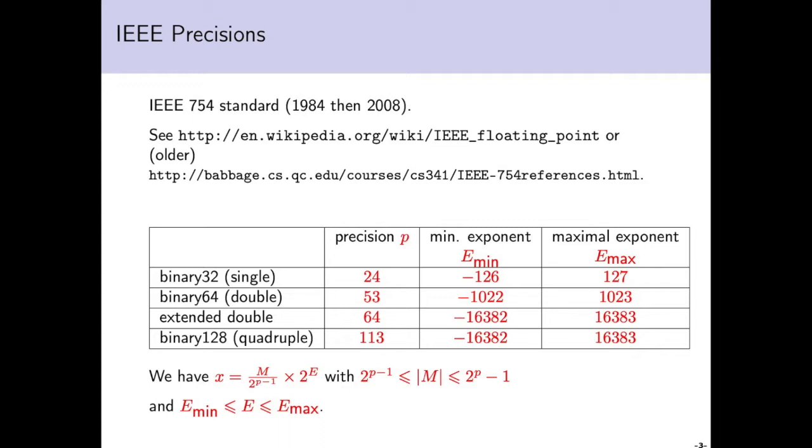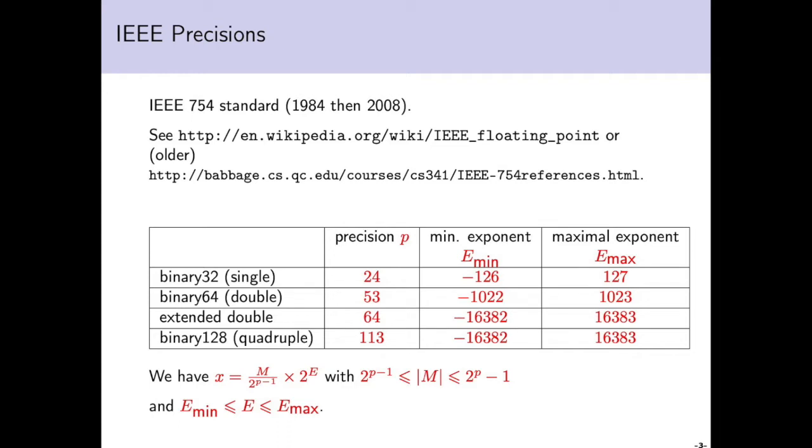You will encounter this precision mainly in signal processing, and in video games also. The following one, binary64, also called double precision, is the most commonly used precision for scientific computing. It gives you 53 bits of precision, or 16 digits, and the exponents are between these two values.